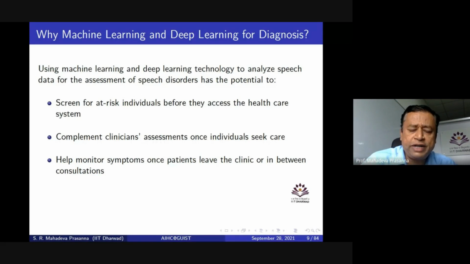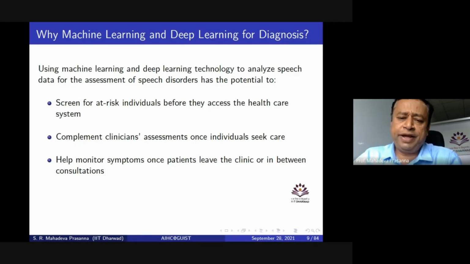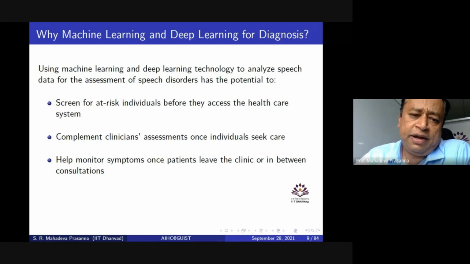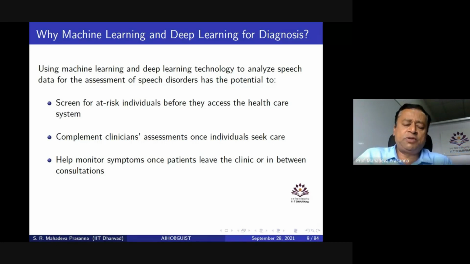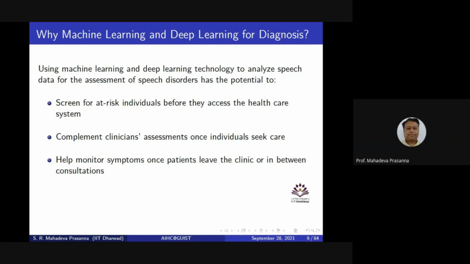That is one of the focuses of the artificial intelligence field. Suppose I have wearables with me, and in a non-invasive manner the wearable device collects speech data whenever I am speaking or conversing with somebody, and the machine learning and deep learning based system constantly processes that data and tries to see whether this person shows any tendency with reference to a health issue.